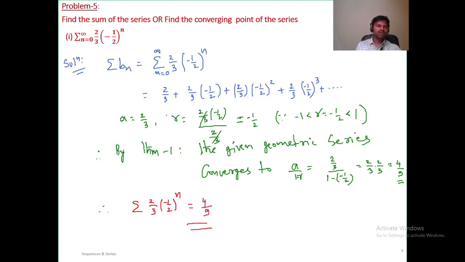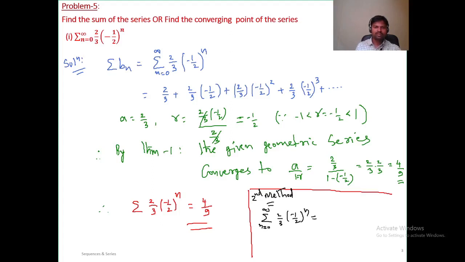Or one more way also I can do this. See, this is the second way, second method. Let me proceed here. Okay, how to do the same problem: first, you try to express this problem in the standard format. The series n is running from 0 to infinity of 2/3 into minus 1 second raised to n.